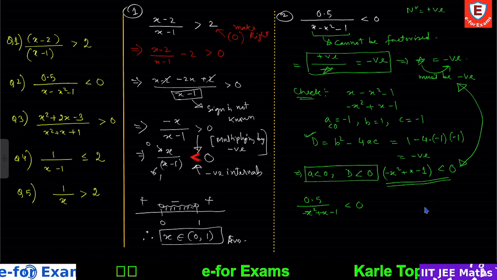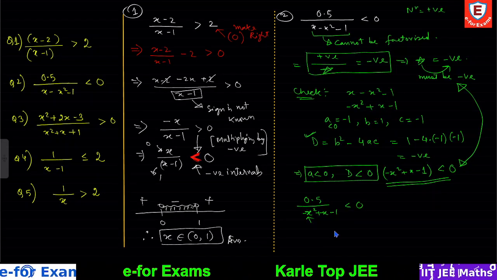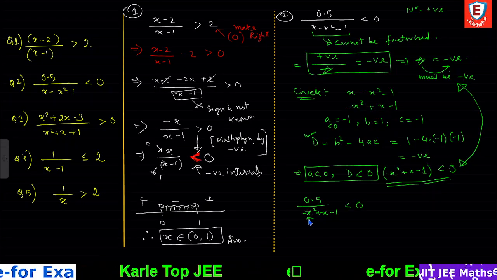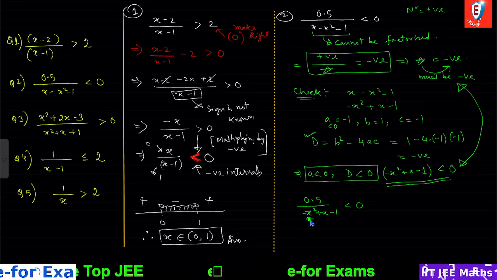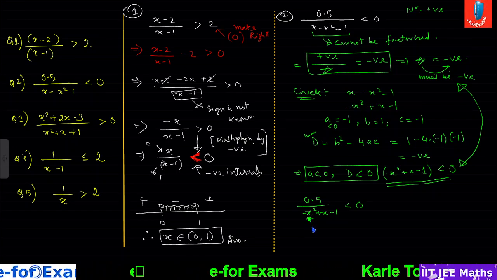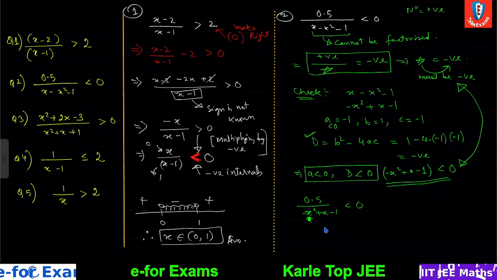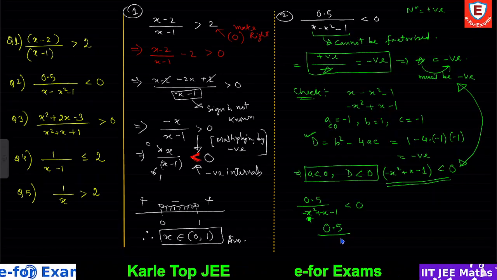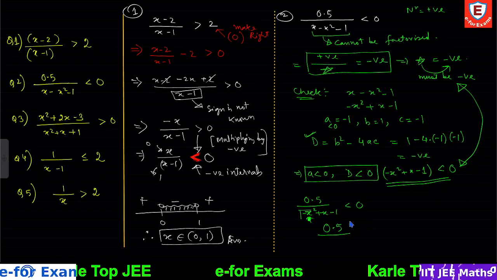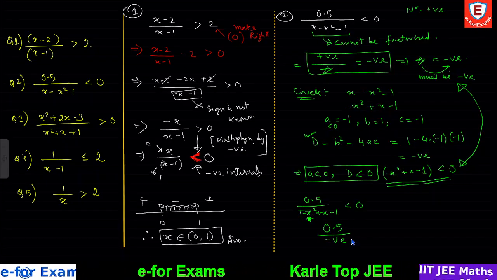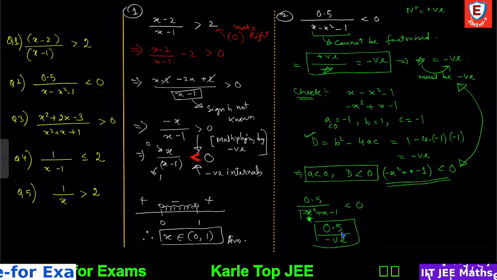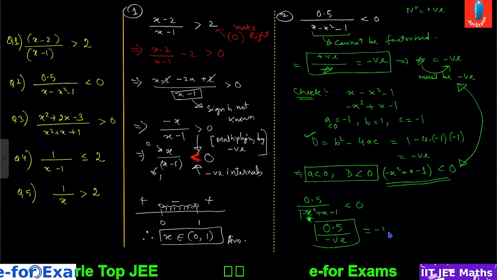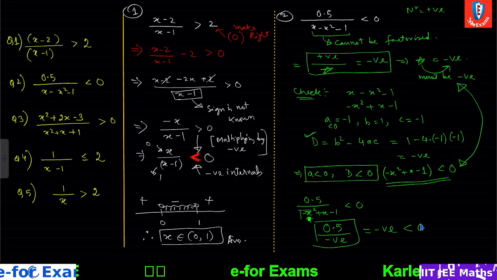So 0.5 is positive, by negative value equals negative, which is less than 0.